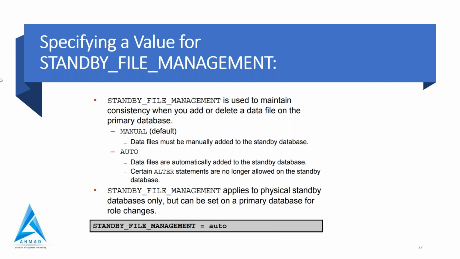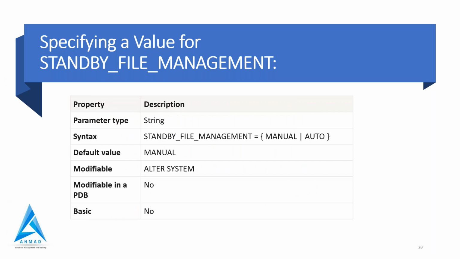Otherwise, every time you enable redo apply, it will disconnect automatically. I faced this issue recently in my environment, so that's why I'm telling. And this is the way by alter system you can modify it. PDB modifiable no, the default value is manual, and it should be auto.